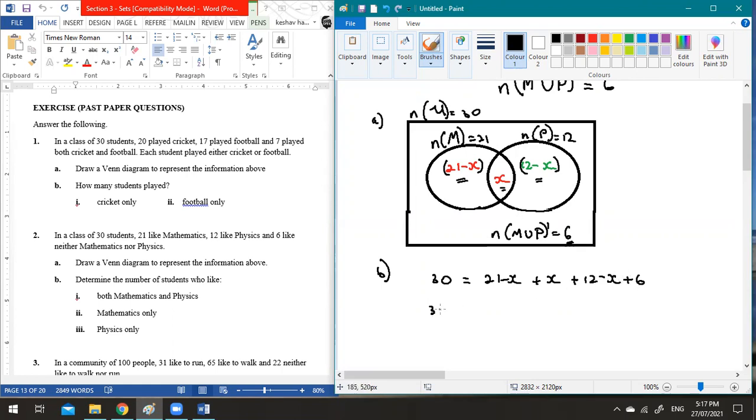And we're doing some simple algebra here, right? Minus X, add X, but cancel out, right? Remain with a negative X. And we do the numbers now. 21 add 12 is 33. Add 6 is 39.